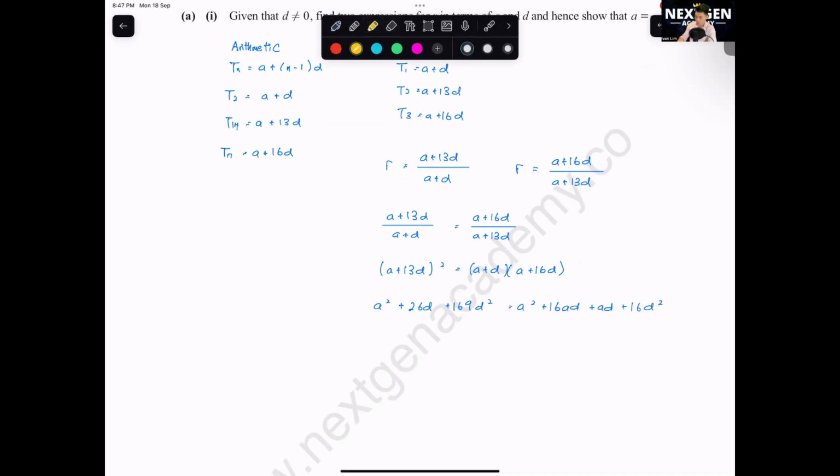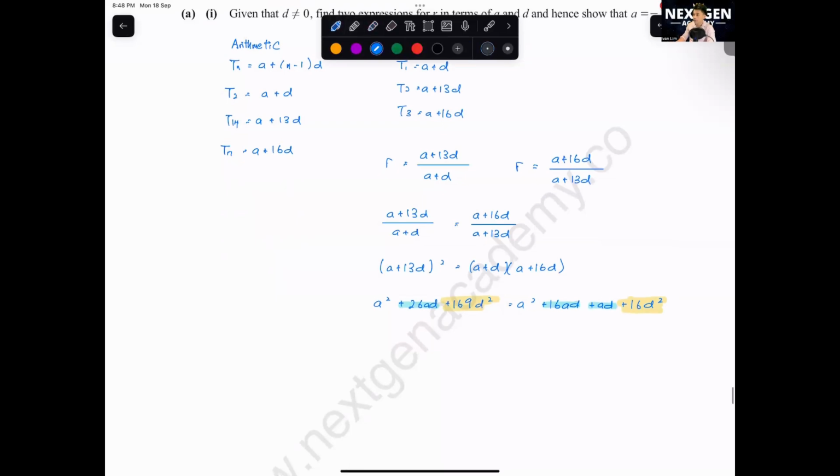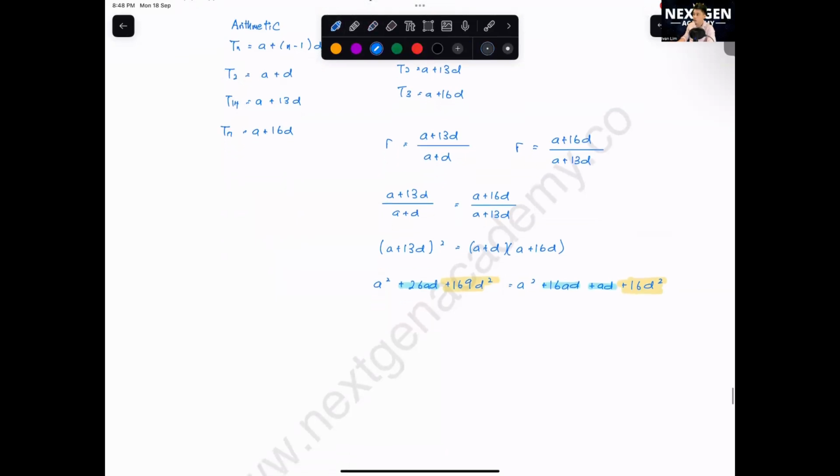Okay, the ones that are the same terms, gather them together. Okay, this one should be AD. Okay, so these three terms, add them up. Okay, A squared and A squared will cancel off.